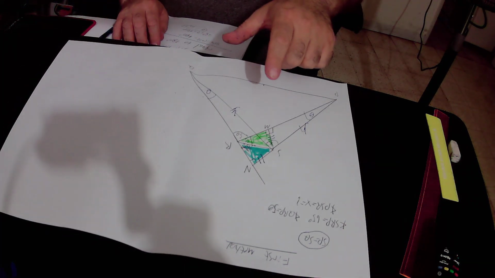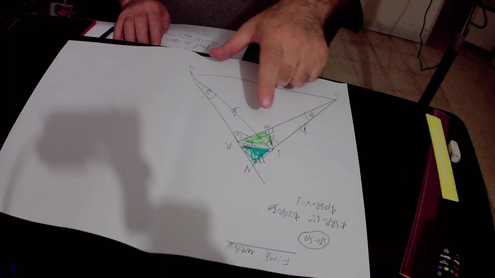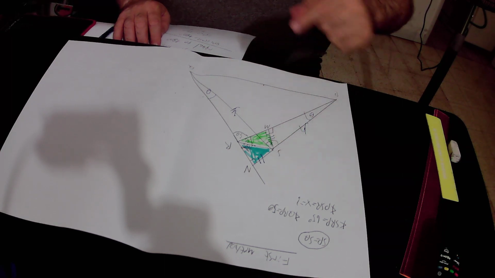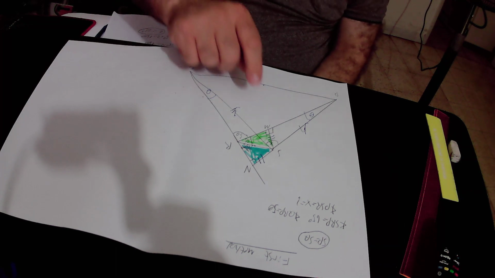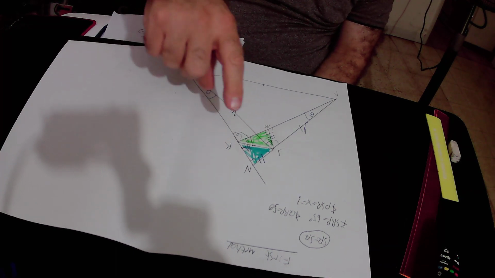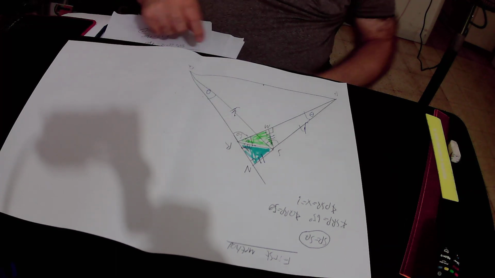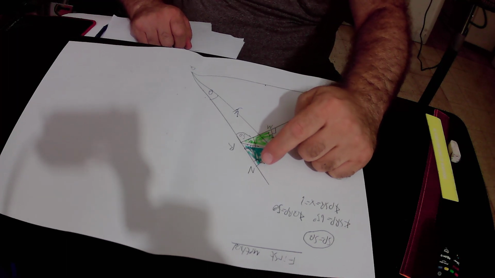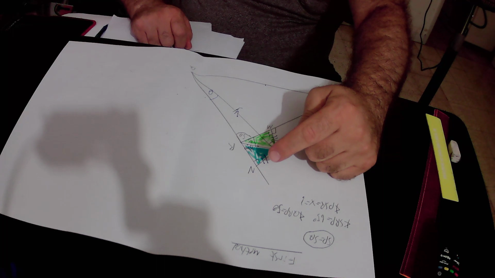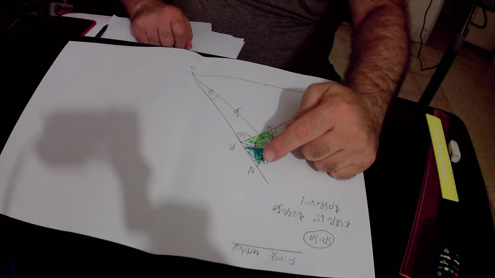We extended side QR by a straight line, and then from point S we raised a perpendicular to the extended QR. So this angle equals 90 degrees. We defined the touching point with the extended QR and the perpendicular as point N.